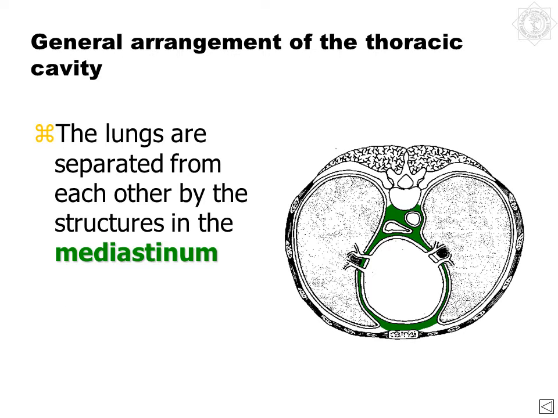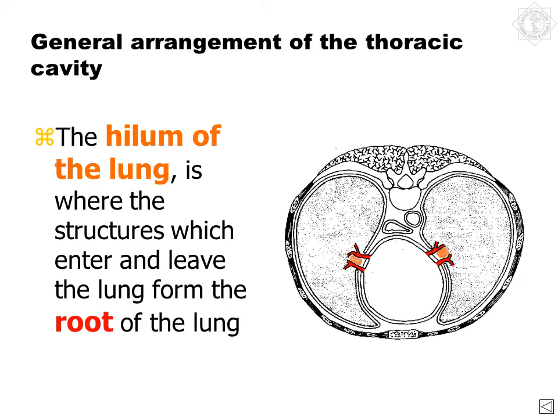The lungs are separated from each other by the mediastinum, the green line. So the green line is the mediastinum. The hilum of the lung is where the structures enter and leave the lung through the root of the lung.